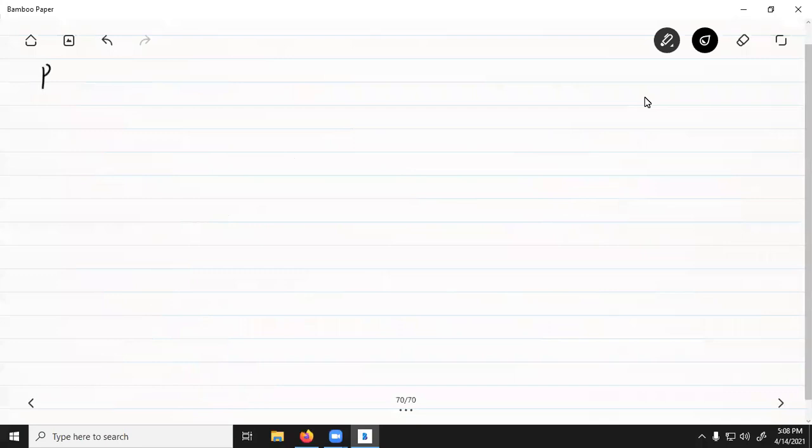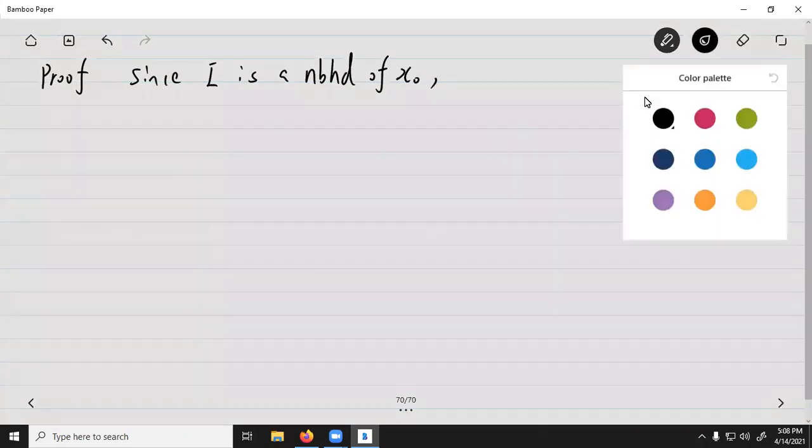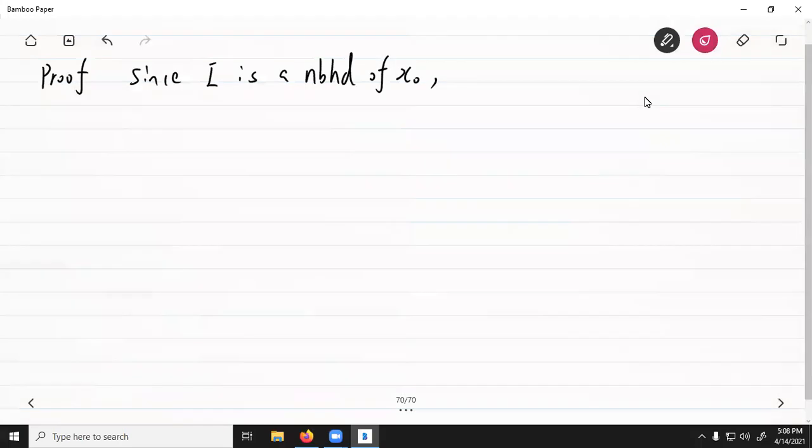Now let's look at the proof. Since I is a neighborhood of x0, what is the meaning of the neighborhood? I can draw the picture here. This is x0, and the neighborhood is an open interval containing this point.